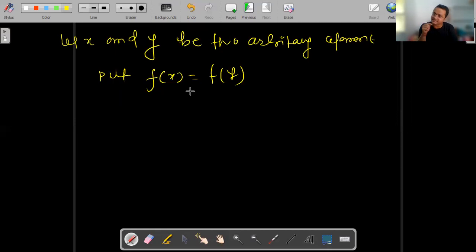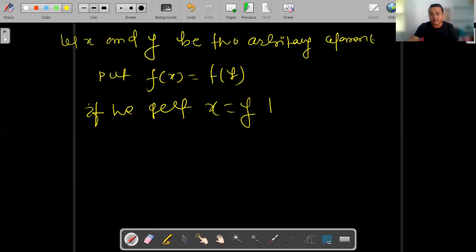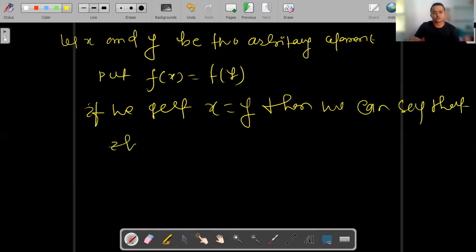Means you have to put x in the function and you have to put y in the function. If we get x equal to y, then we can say that this is a one-one function.